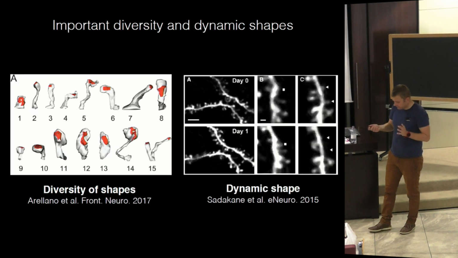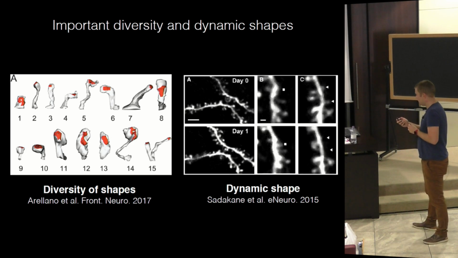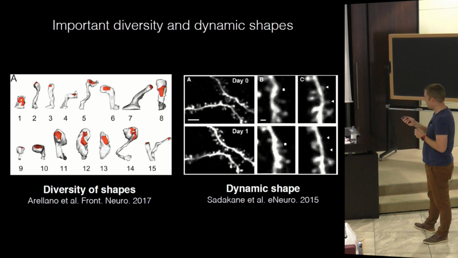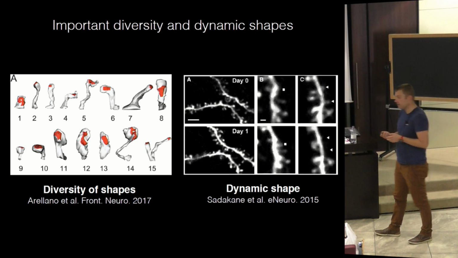Most importantly, all of these dendritic spines have many different shapes. Most of the time we concentrate on mushroom shapes with a long neck and a bulbous head. These shapes also change dynamically over time, and interestingly, they also change with activity.